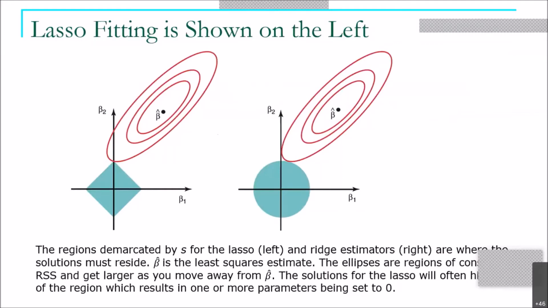And roughly speaking, when you minimize the residual sum of squares subject to a penalty associated with having larger valued betas, you're attempting to find the point where one of those ellipses touches the blue circle.